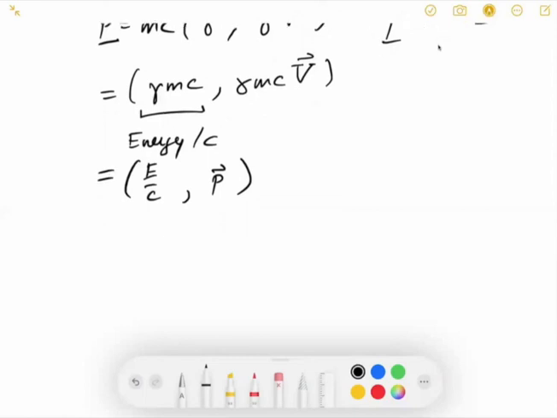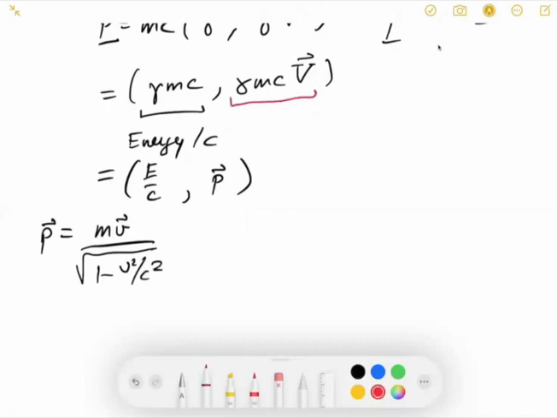Okay, now we're getting for P the classic one that you've seen before. You get the relativistic description of momentum if you write this out: 1 minus v squared over c squared. That's what this evaluates to. Okay.